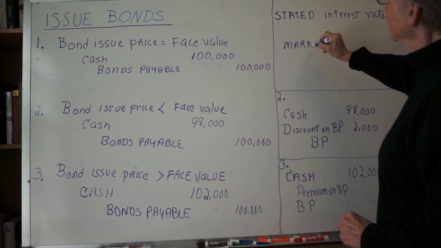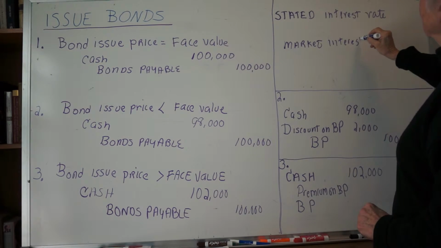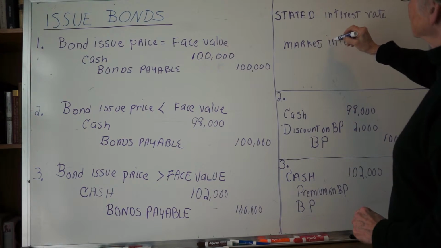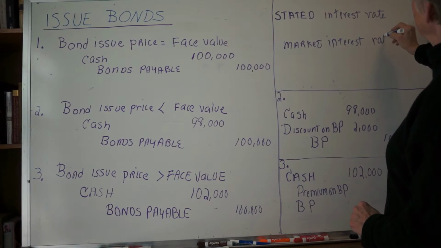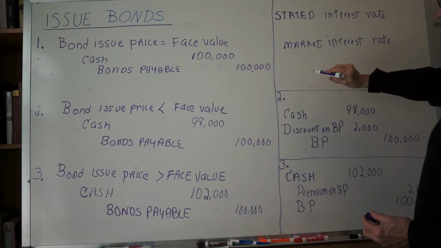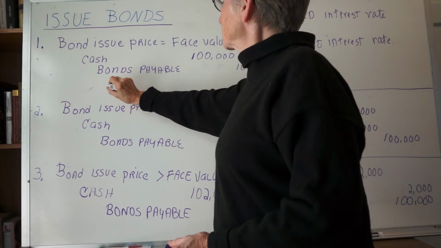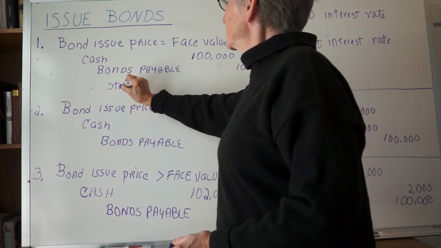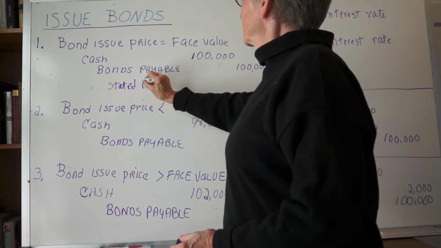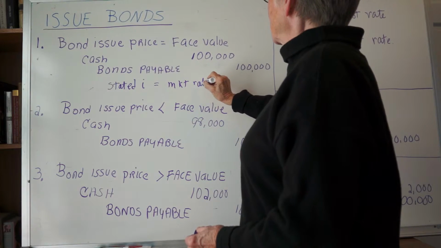So you have the stated rate and the market interest rate. The market interest rate is what bonds similar to ours are paying in the market. In the face value case, the stated interest rate is going to be equal to the market rate because our bonds are selling at their face value.